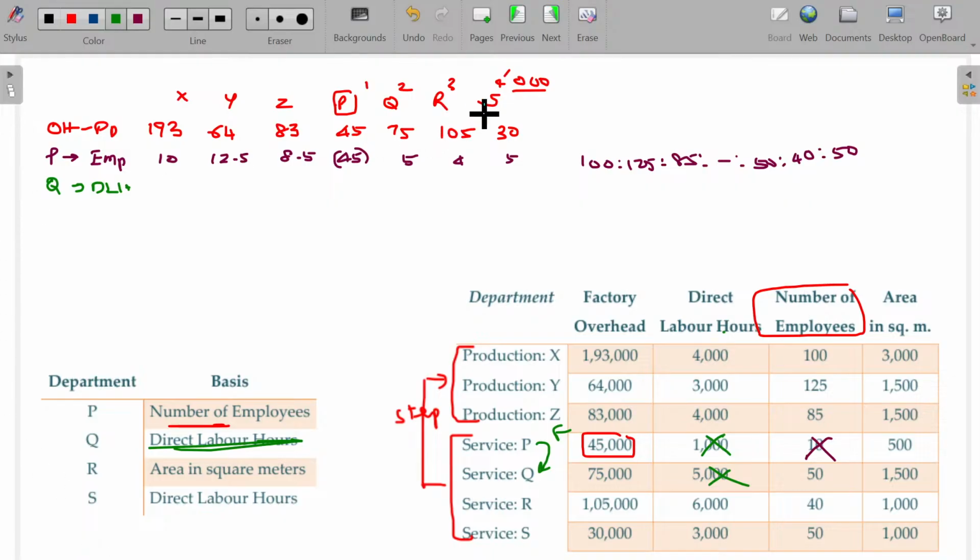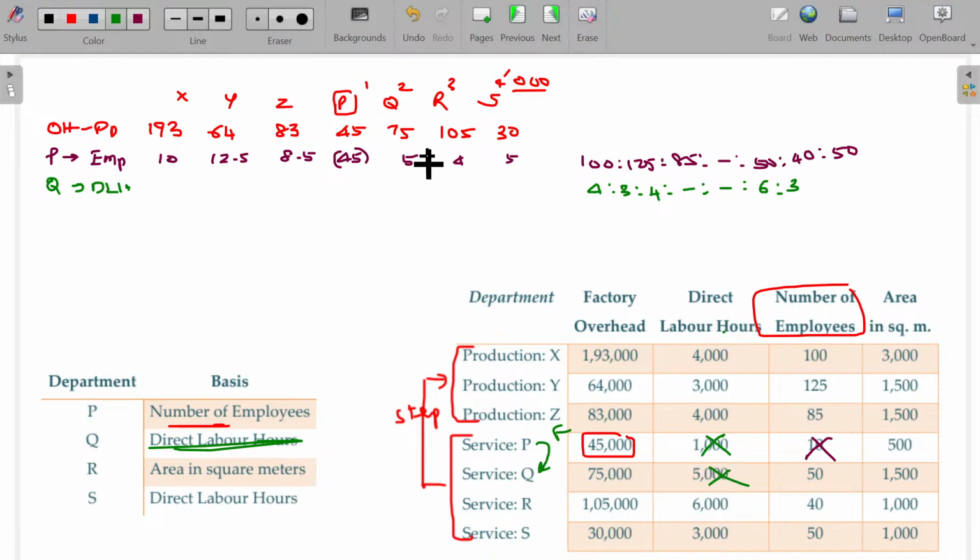Forget about that. Now the ratio is 4 : 3 : 4 : dash : dash : 6 : 3.